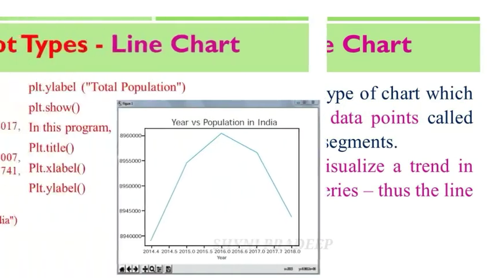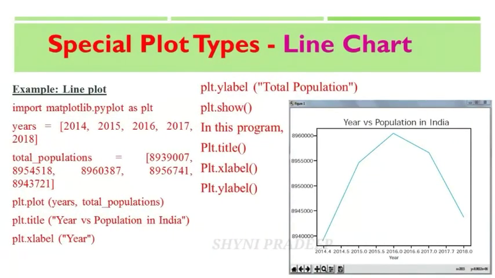Okay. Let us see this example. Here two axis values are given. The first one is years and the next one is total population. Okay. Here years is the x-axis, total population is the y-axis. Years values are 2014, 2015, 2016, 2017, 2018, and total populations are also given.